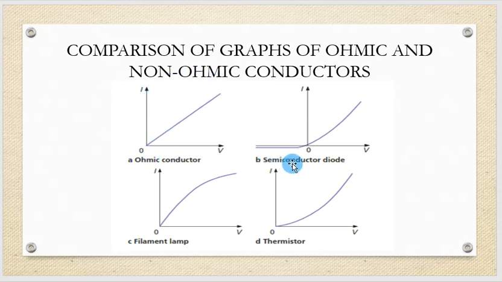But look at a semiconductor diode. A semiconductor diode does not obey Ohm's law. As you can see, it's curving. So this is a graph that is characteristic of a semiconductor diode. It's a non-ohmic conductor. And we have the filament of a lamp.